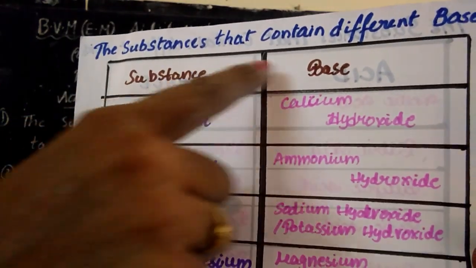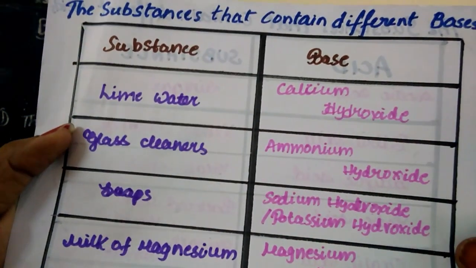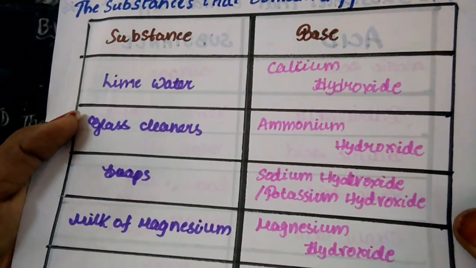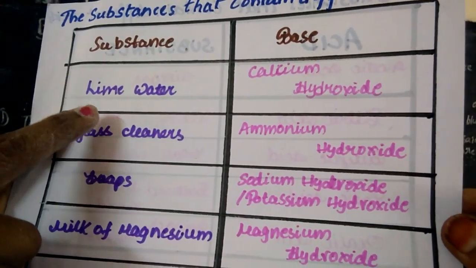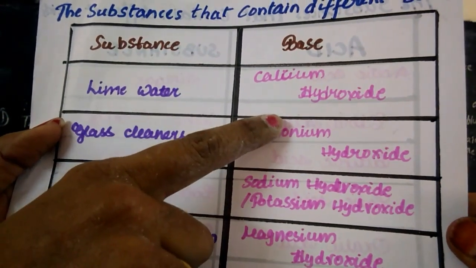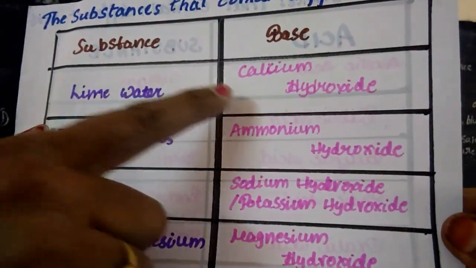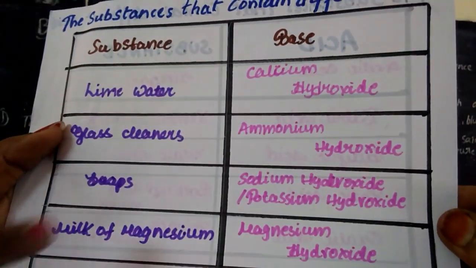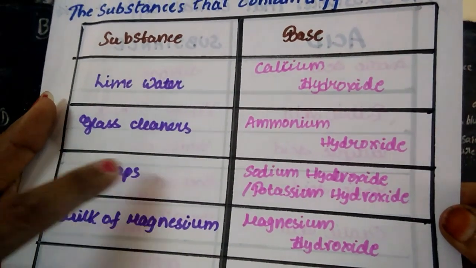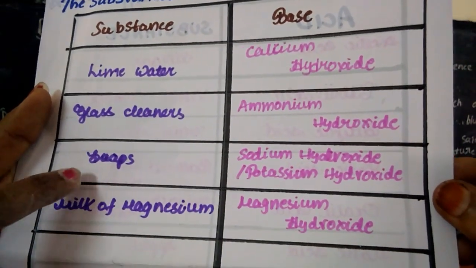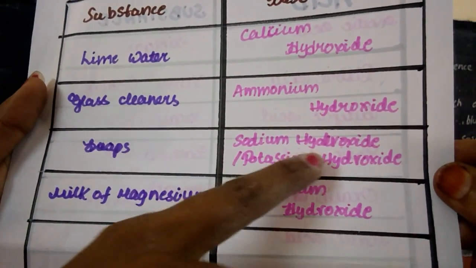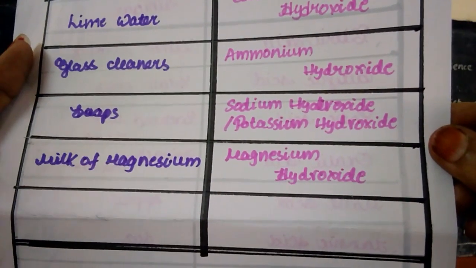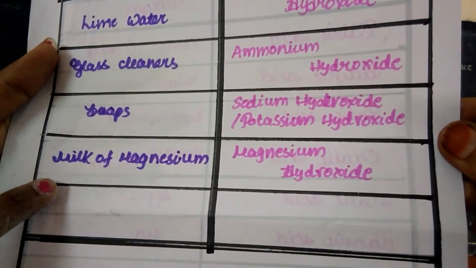Next, the substances that contain different bases. Lime water contains calcium hydroxide. Glass cleaners contain ammonium hydroxide, and soaps contain sodium hydroxide and potassium hydroxide.